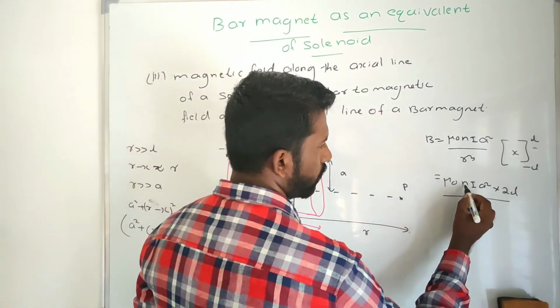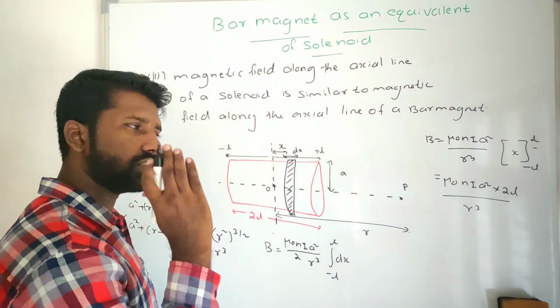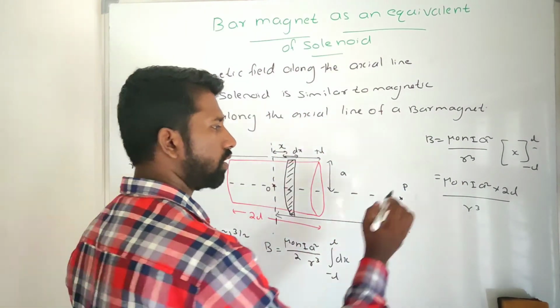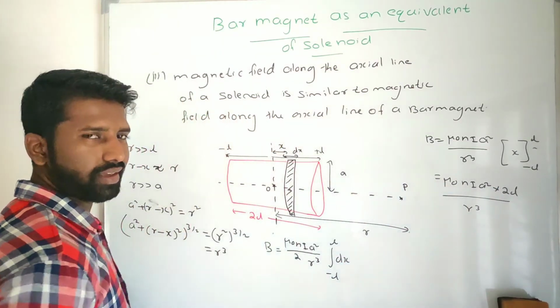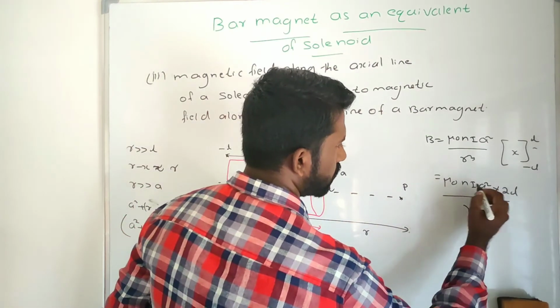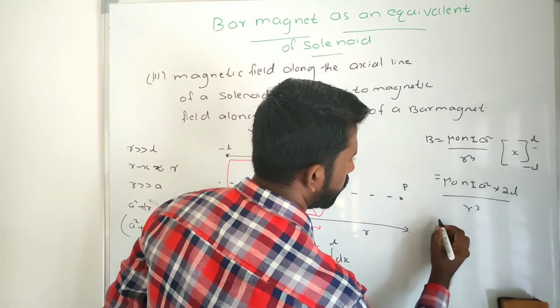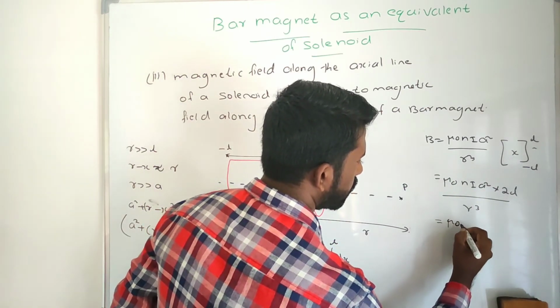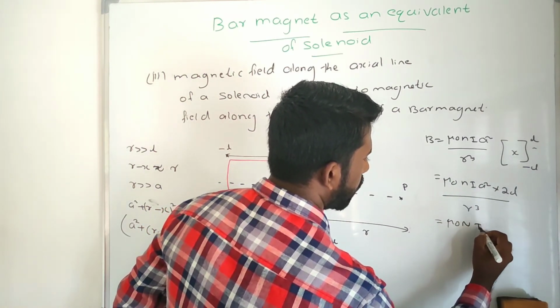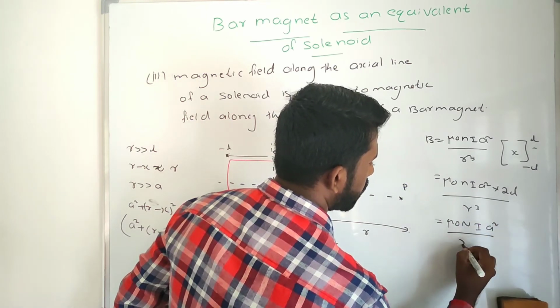Here, what about n into 2L? n is the number of turns per unit length and 2L is the total length, so this is the capital letter N. So mu 0 into N I a square divided by r cube.